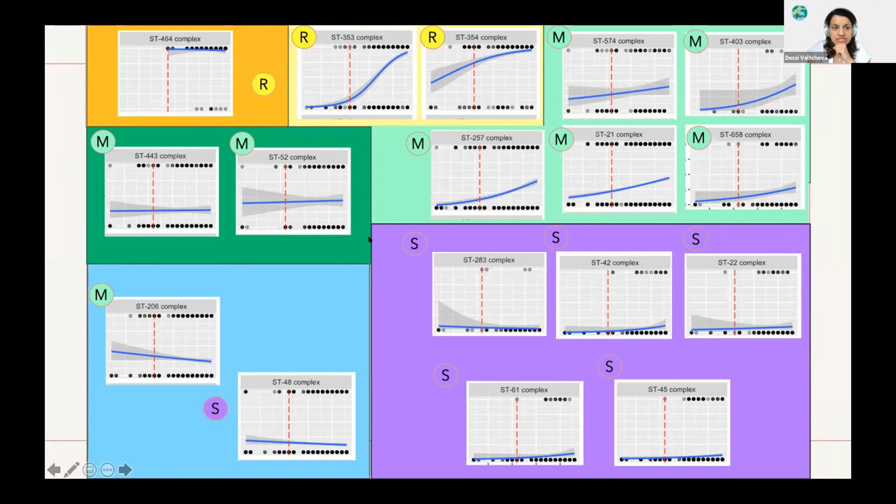We can see about six different patterns of resistance trend. We have 464, where we can't find any isolates before 2006, and it's only resistant. Or very highly resistant, where we have 353 and 354, which show an increase across time, a really nice sigmoidal shape, which is kind of scary as well.